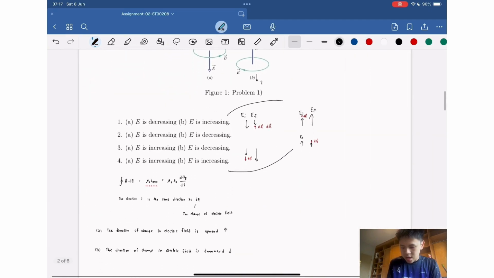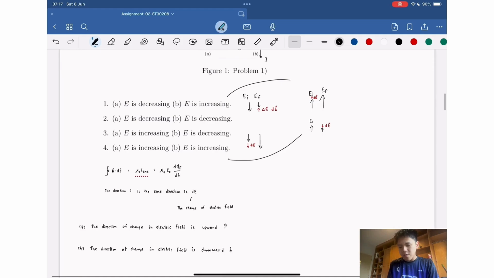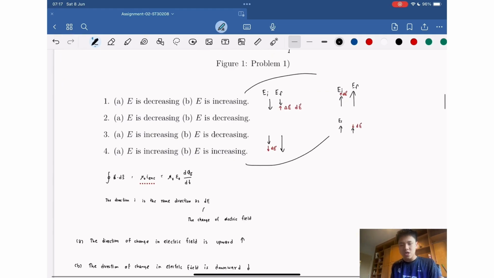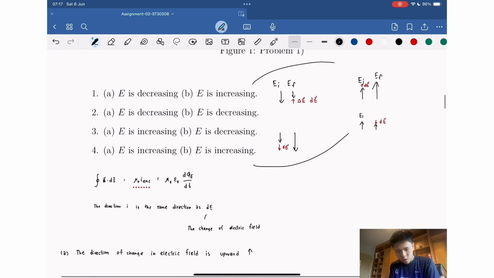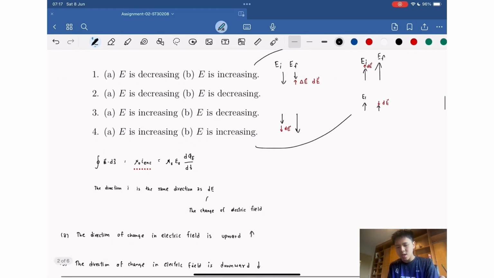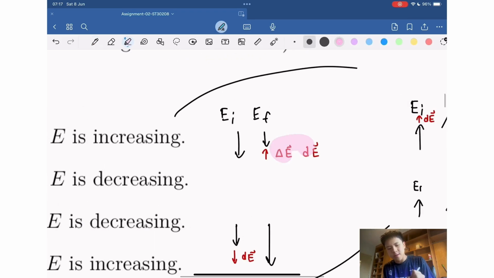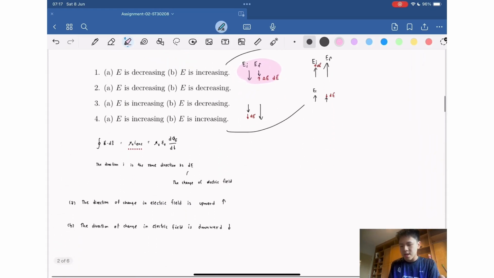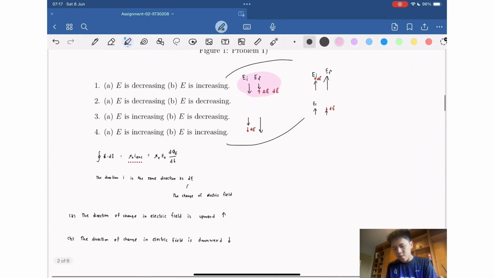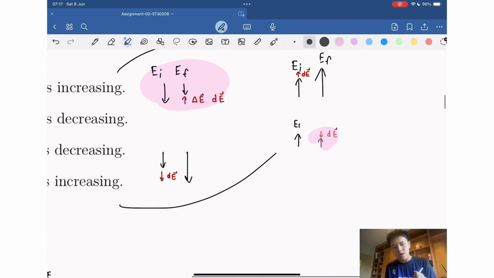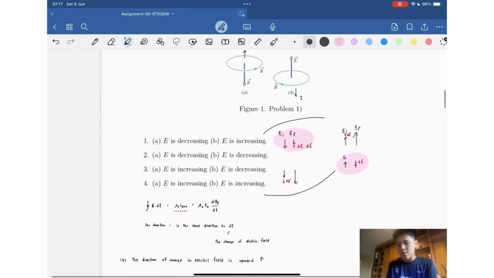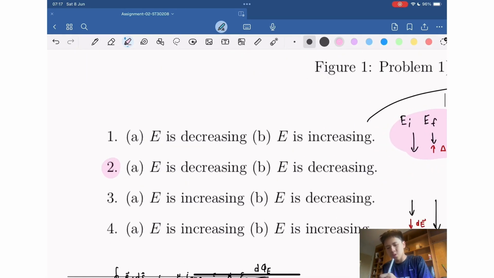So as you can see, in A we want the direction of the change in electric field upward, so we choose decreasing. And in the same way in figure B, if we want the direction of the change in electric field downward, we would also choose E decreasing. So therefore, we will choose choice 2.